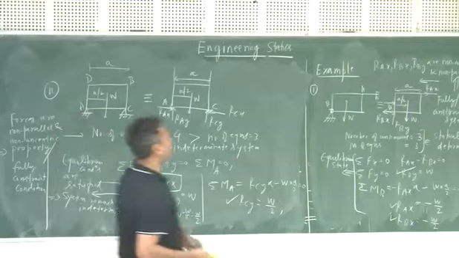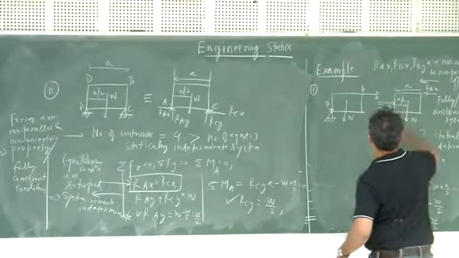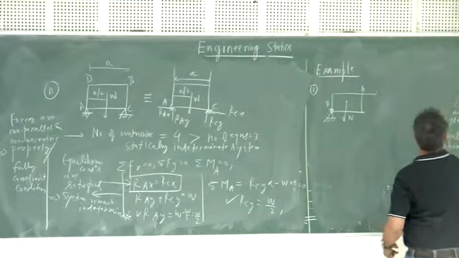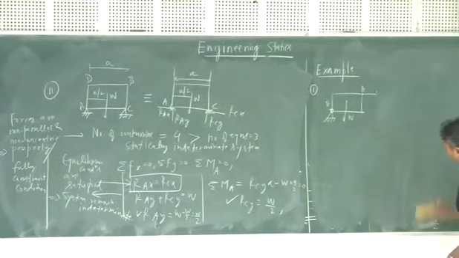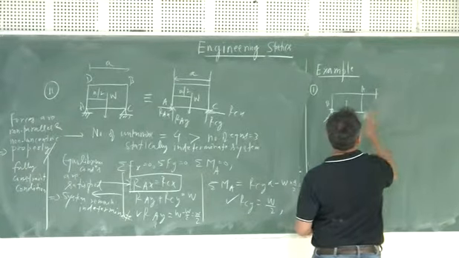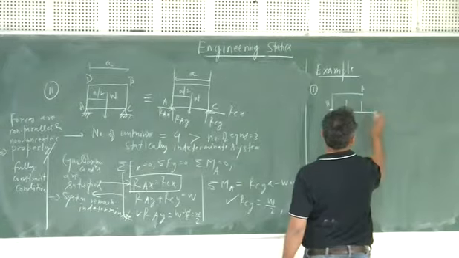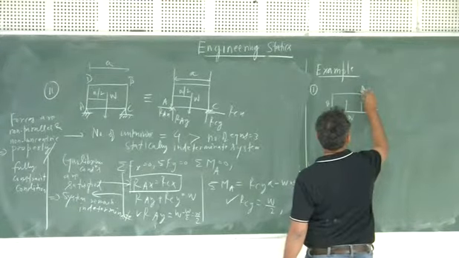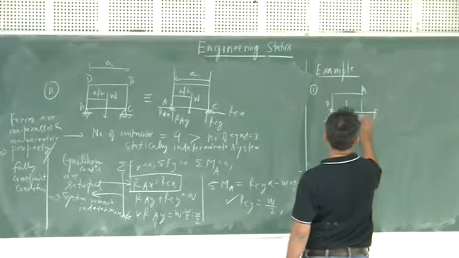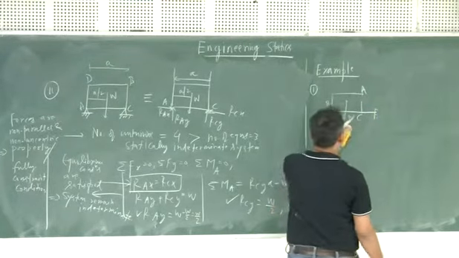Alright. And final example that I would like to give over here. Let's say, what will happen if you provide this particular support. Here we are providing one support which is this.